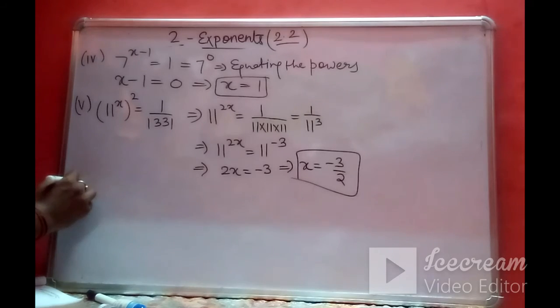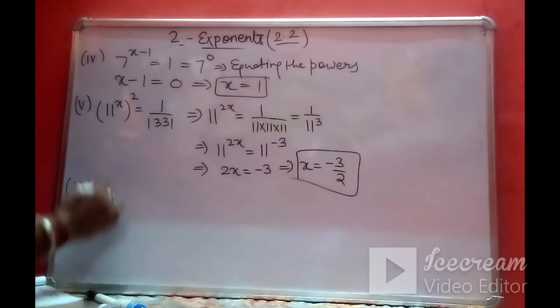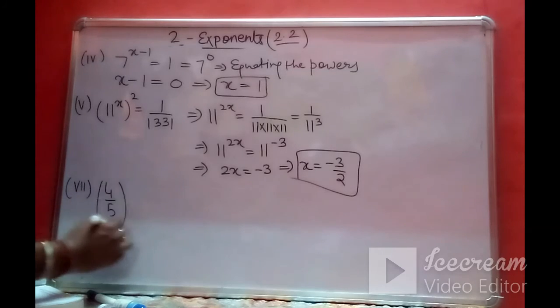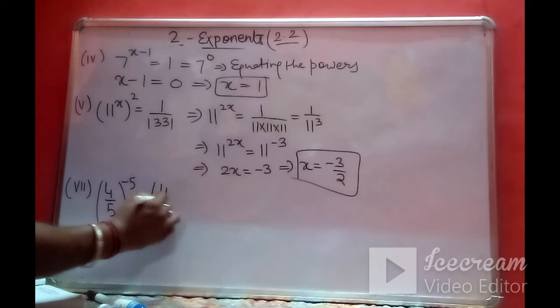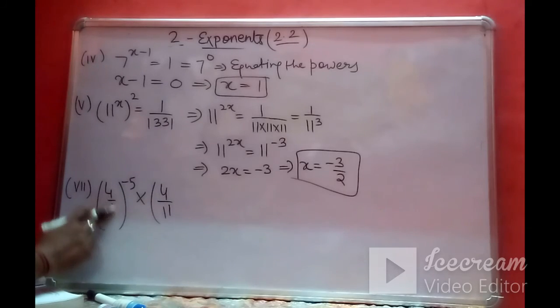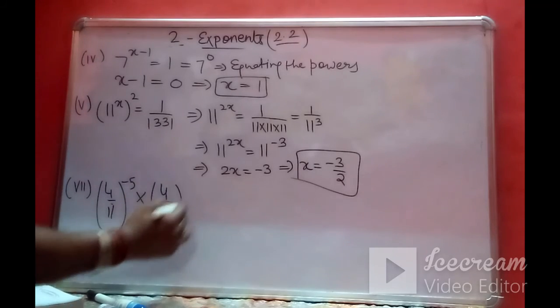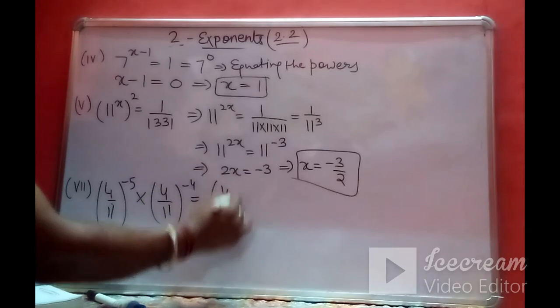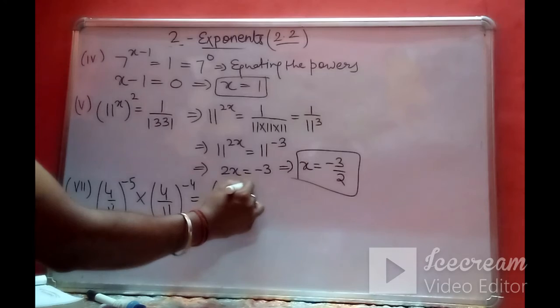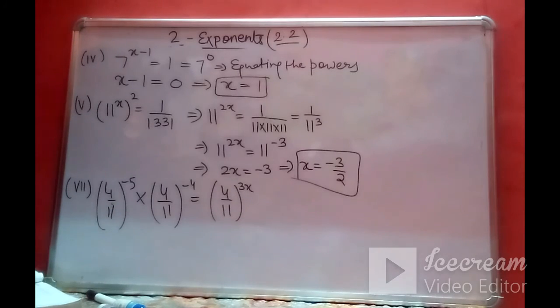Now the questions like question number 7. Here we have 2 terms on one side and 1 term on the other side. Minus 4 equal to 4 upon 11 to the power 3x. This is our question.